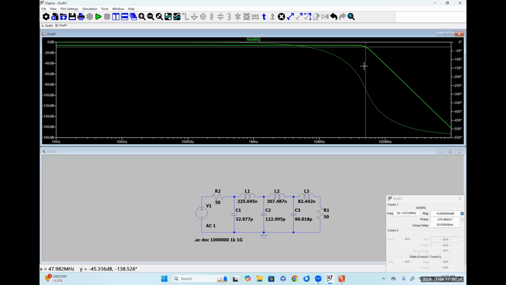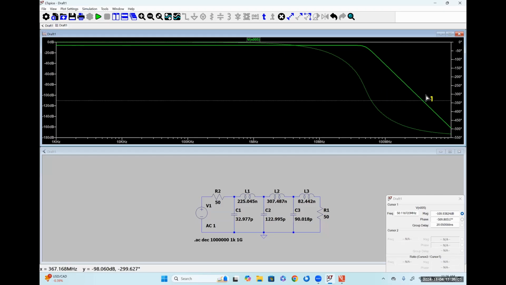So anyway, we have a corner frequency at 50 megahertz like we designed for. Do we have at least 50 decibels of attenuation at 150 megahertz? So what we should be expecting is a magnitude of at least negative 56 dB when we get to 150 megahertz.